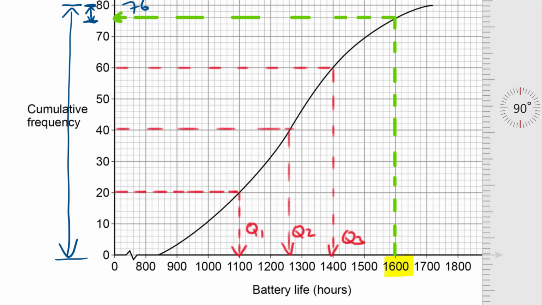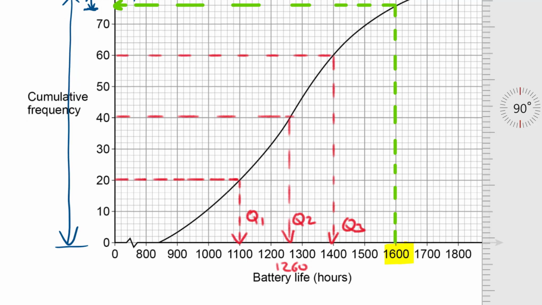So if there are 5 little squares between 1200 and 1300, which is a span of 100, then each little box is worth 20, isn't it? 20, 40, 60, 80, 100. So 3 little boxes is going to be 60. So I read that off as 1260 as the median value from type A.